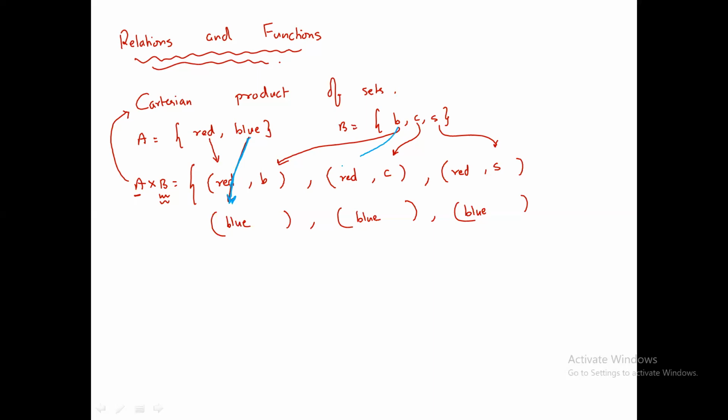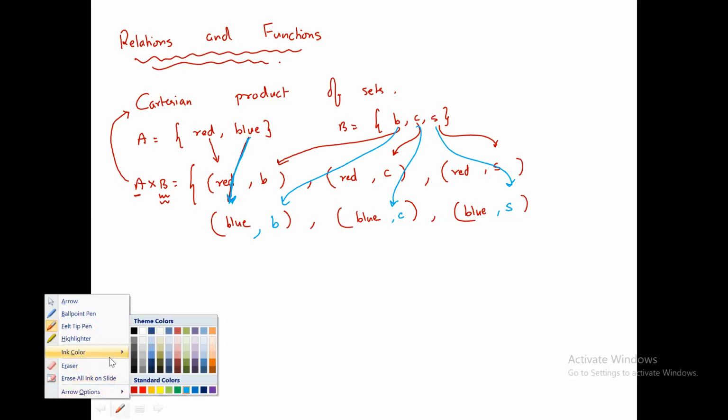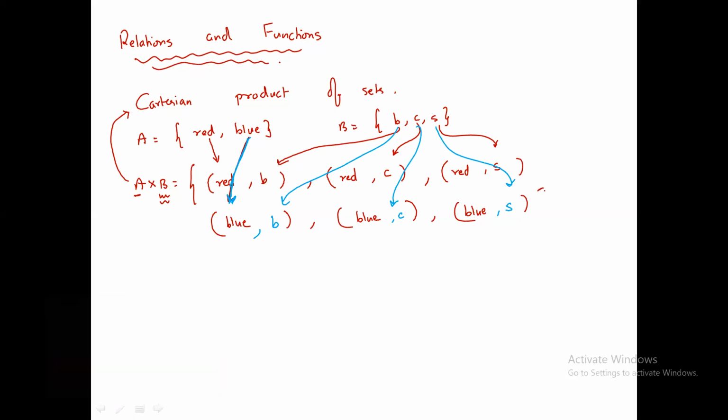So the three options are for the B part. I can write B, or I can write C, or I can write S. So these are the possible ordered pairs I can make and make it as a set, that is A cross B.